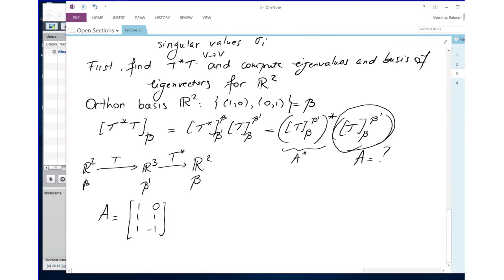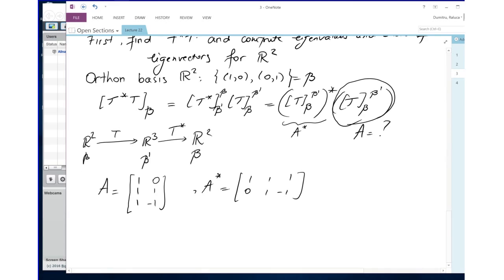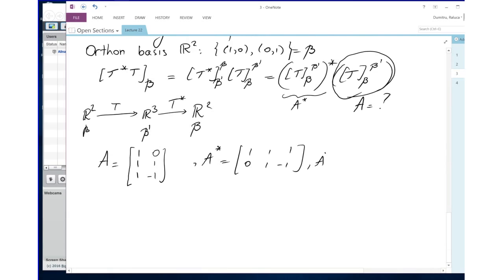This thing here is A star. The matrix is real, so A star is just the transpose. Okay? So what is A star A?